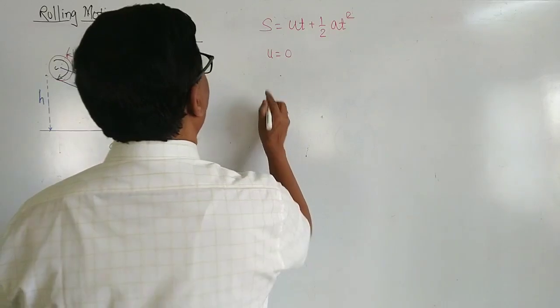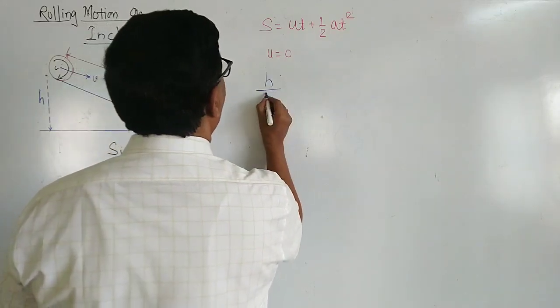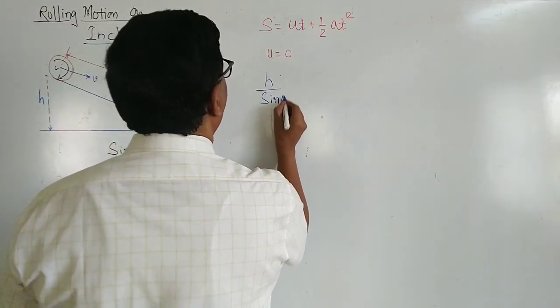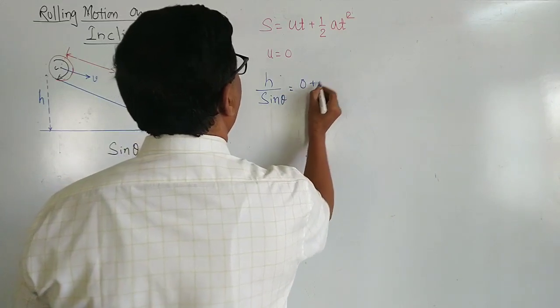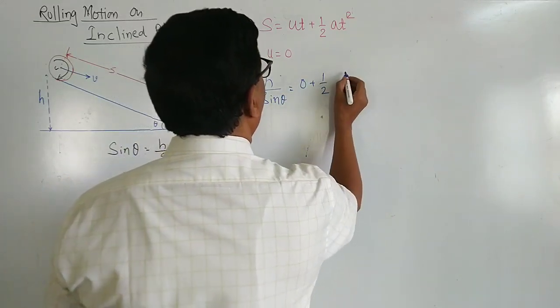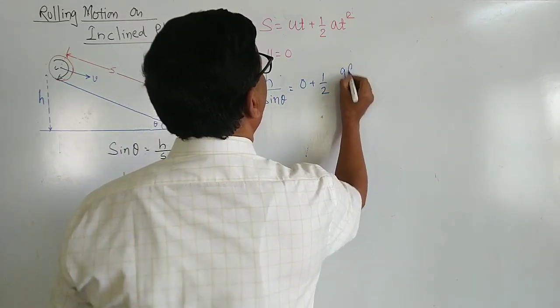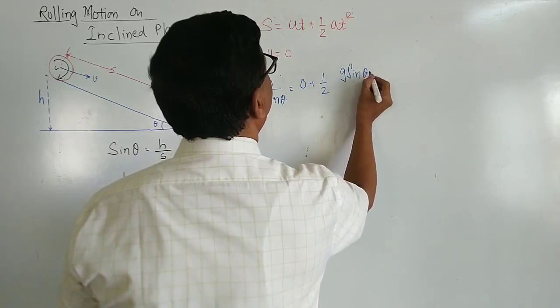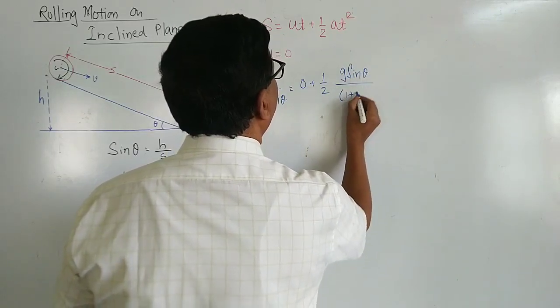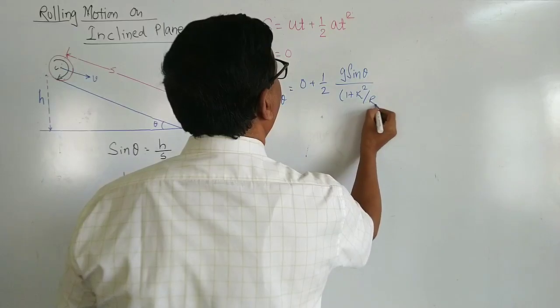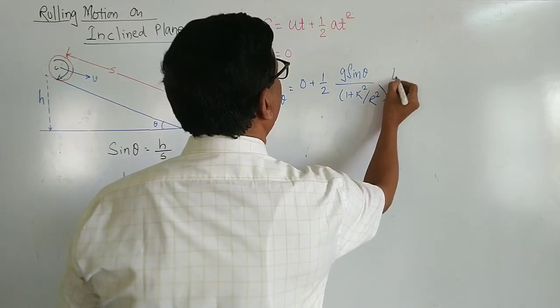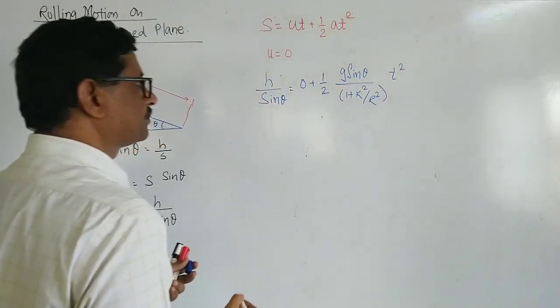Therefore, I will write it as h upon sine theta is equal to 0 plus half, and the acceleration we just got is g sine theta divided by 1 plus k square divided by r square, into t square.